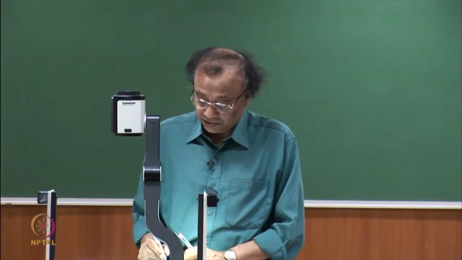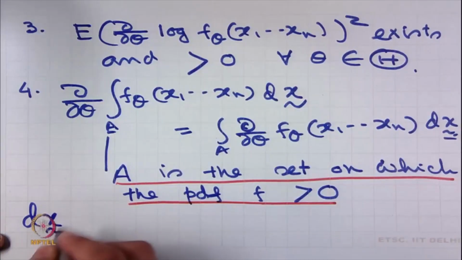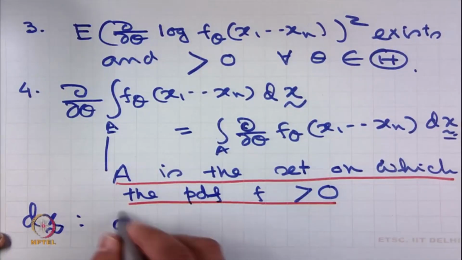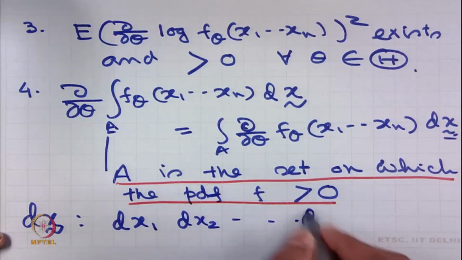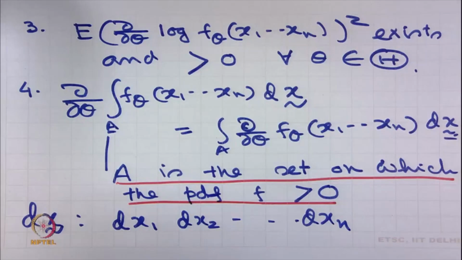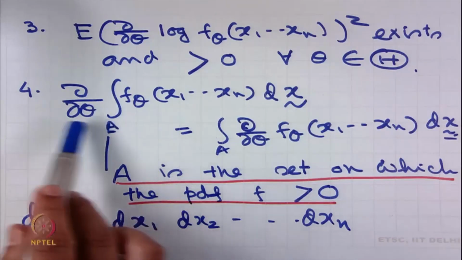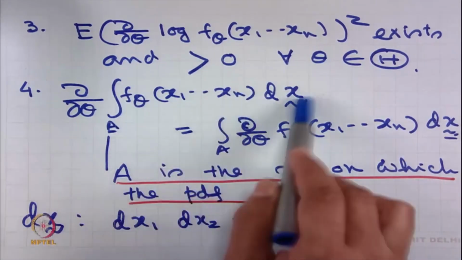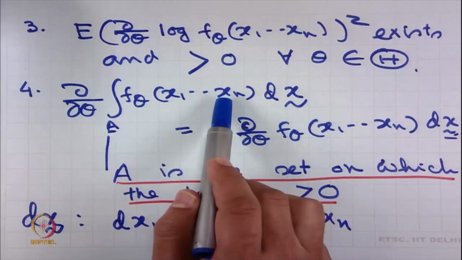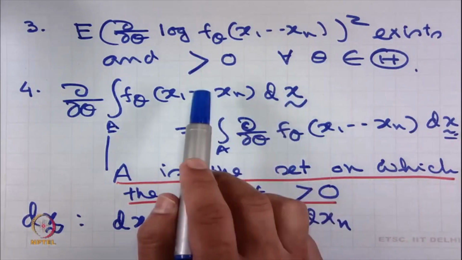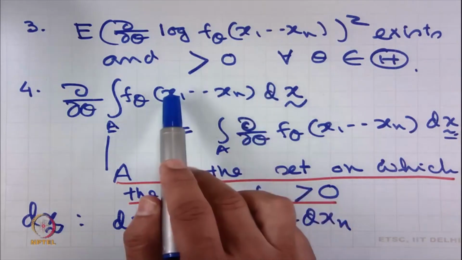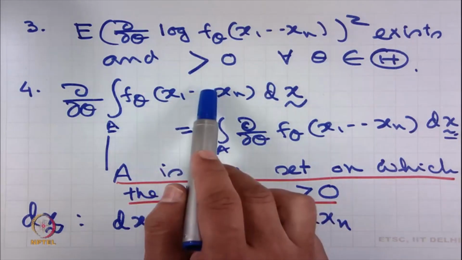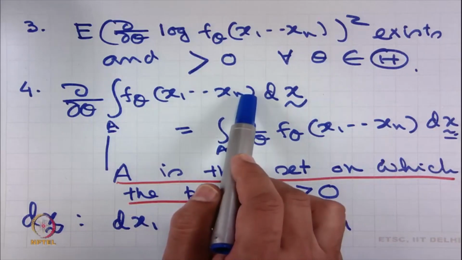And what is dx? It is basically dx1, dx2, dxn. Say for example, here I am integrating f theta x 1 x 2 x n, and to be mathematically precise, I have to integrate it with respect to x 1, then with respect to x 2 and with respect to x n.